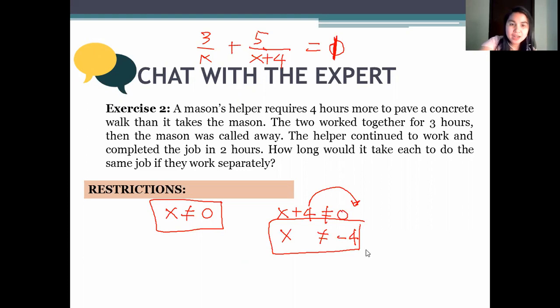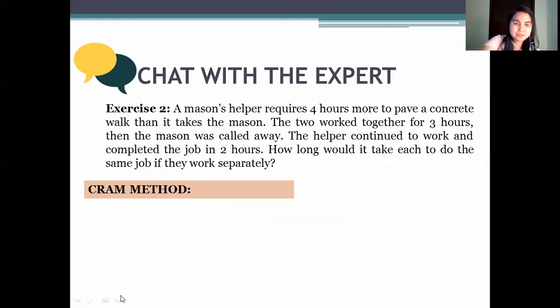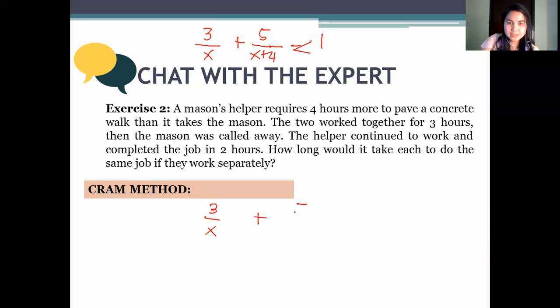Next, let's have our Cram method. Let's have the quadratic equation. Let me write the equation again. Okay, now, so we have 3 over x plus 5 over x plus 4. I wrote it on the top and I'll write it again at the bottom.